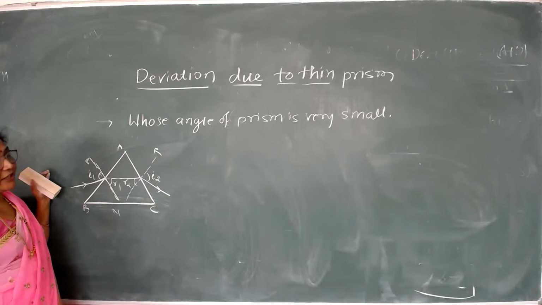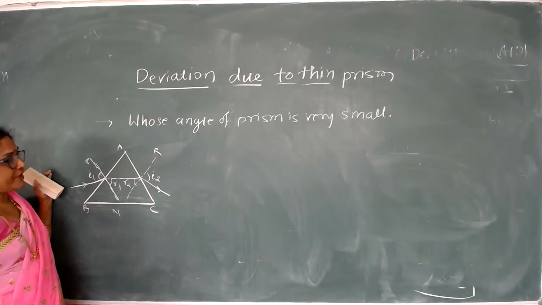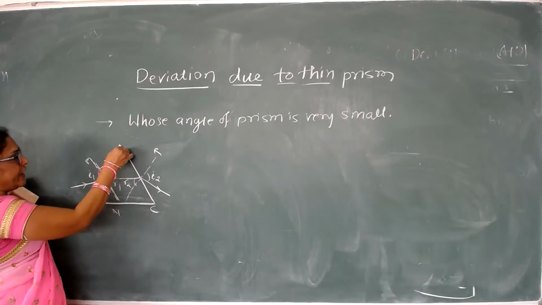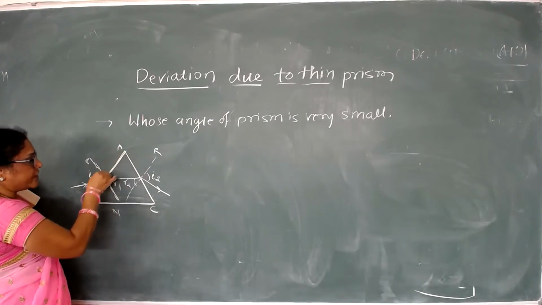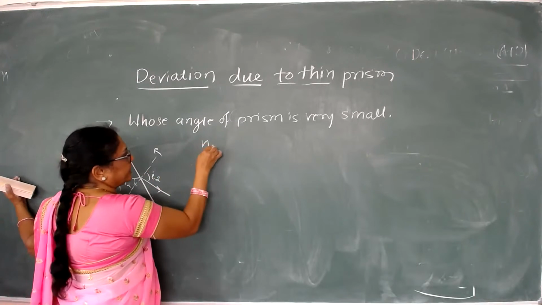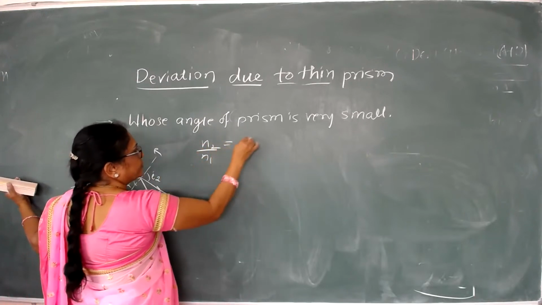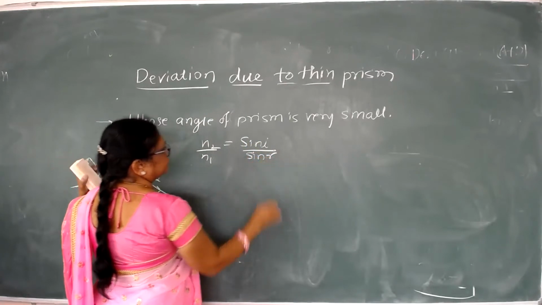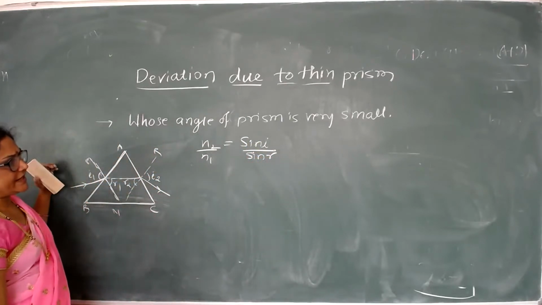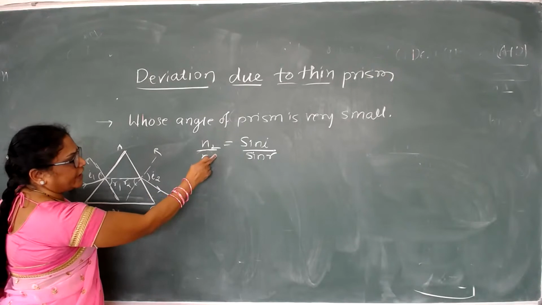To find the deviation due to the thin prism, we apply Snell's law for the first surface. We know that Snell's law is n2 by n1 is equal to sin i divided by sin r. N1 is the air medium.